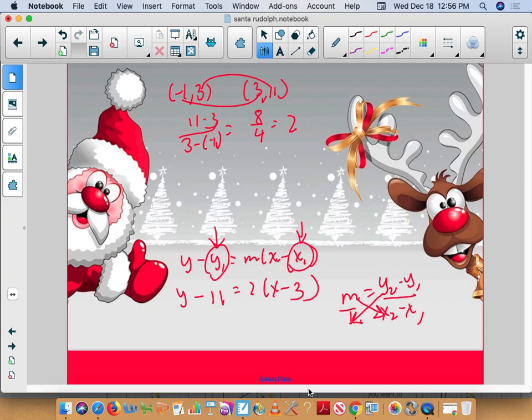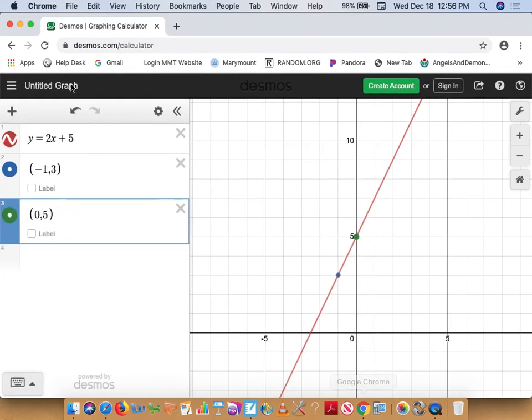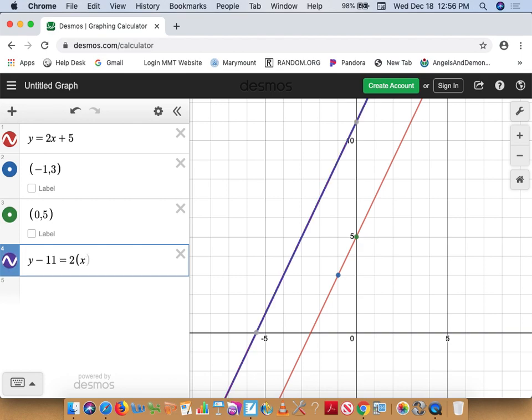I'm going to type that into Desmos. Watch. y minus 11 equals 2 times x minus 3. Watch me turn this. Same line, right?